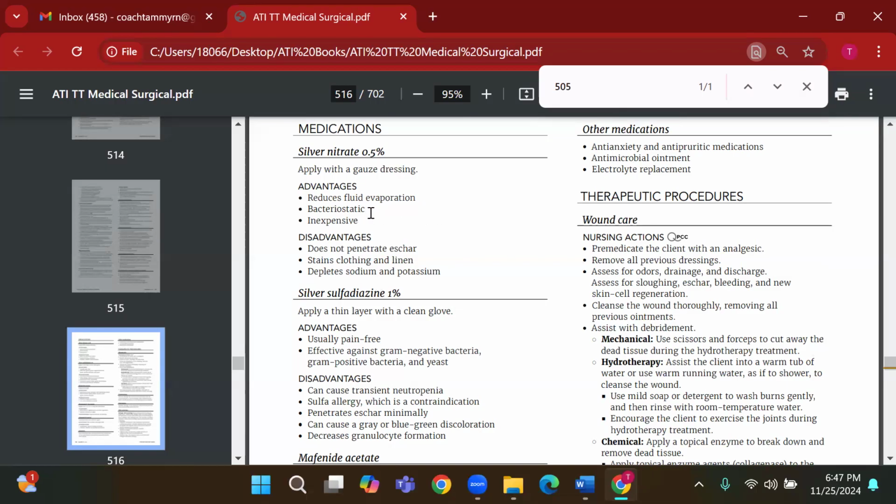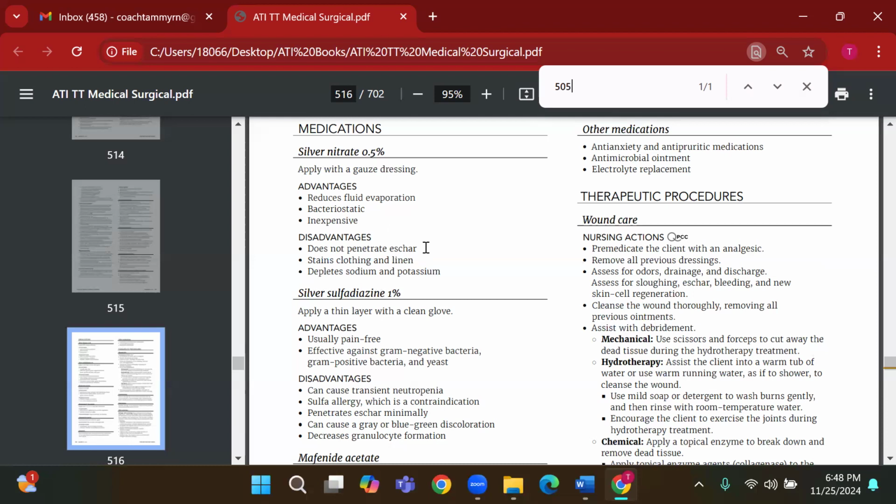It is considered bacteriostatic, which is almost wonderful in the fact that it gets rid of bacteria. And this is kind of inexpensive. But when we're looking at a burn, there is something called eschar, which is dead black skin, and this silver nitrate won't penetrate that. So we're going to have to remove this dead black eschar.